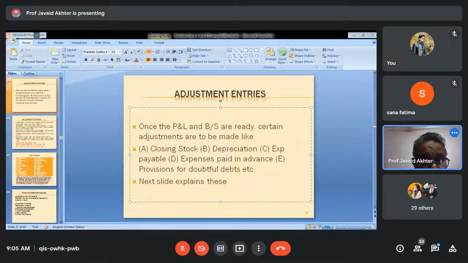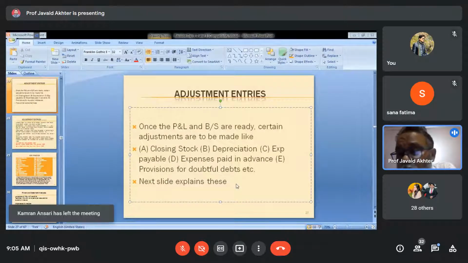Those adjustments should not be considered as something unethical or immoral because those adjustments are just not possible till such time we prepare a draft profit and loss account or a draft balance sheet. Those common adjustments I have listed here.